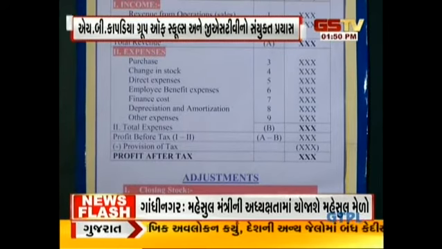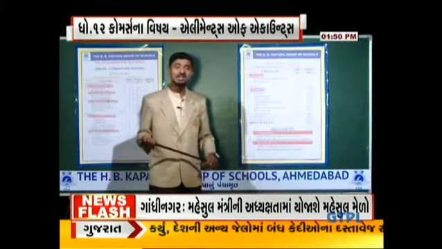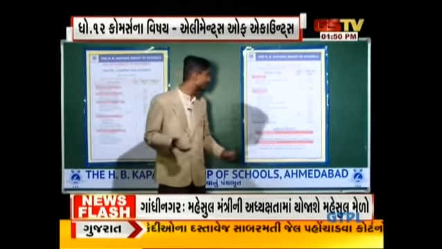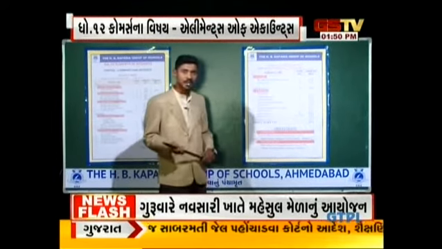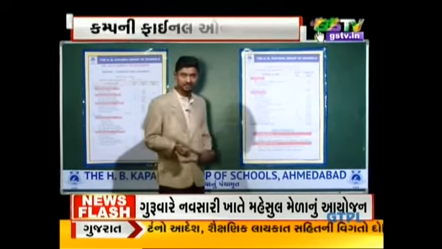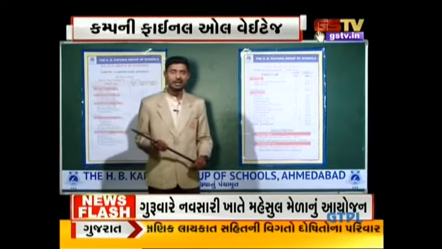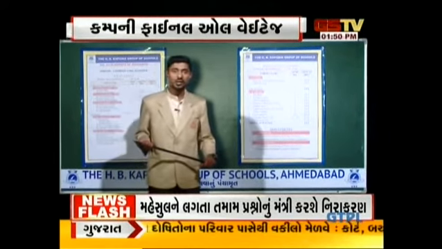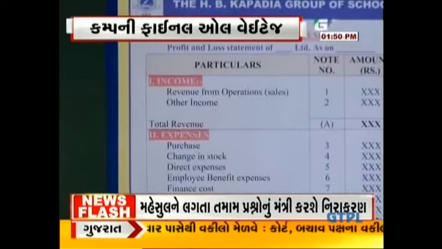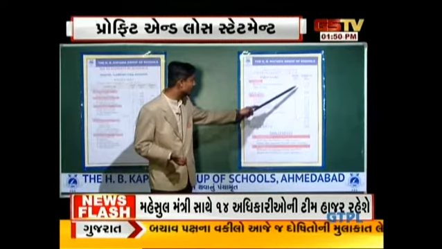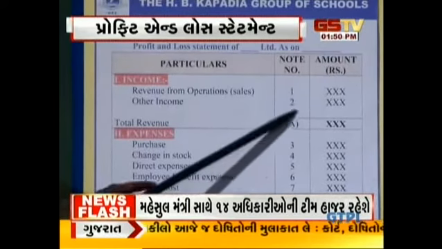Generally, only sales are given, but if sales return is given, you are supposed to deduct that amount of sales return from sales. After mentioning sales, you have to mention the other incomes. Discount received, rent received, commission received, or profit on sale of any asset will be written in other incomes. The total of income will be termed as A.